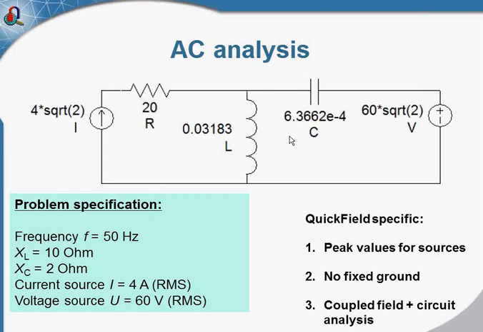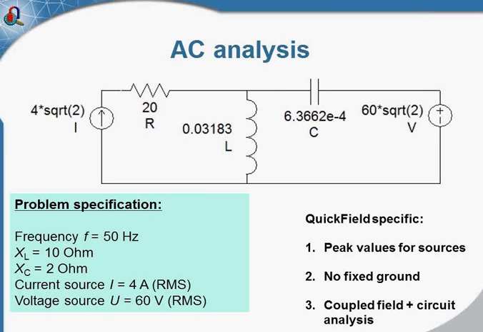There are 3 passive elements: inductor, capacitor, and the resistor. And there are 2 sources, the voltage source and the current source. The frequency of these sources is 50 Hz. Our task is to calculate currents and node voltages.